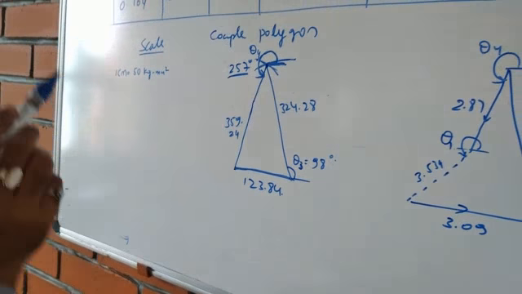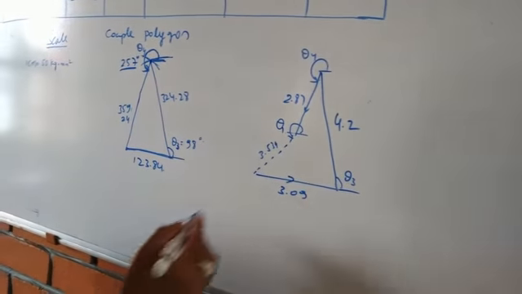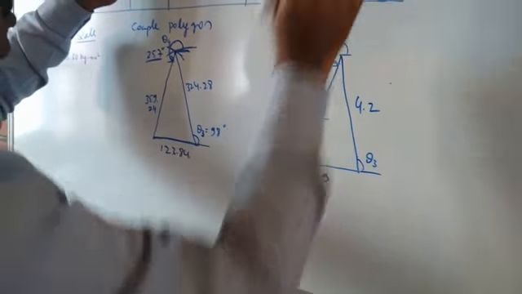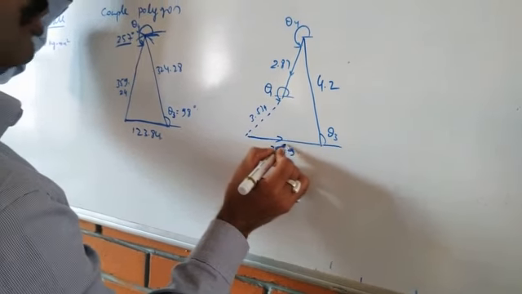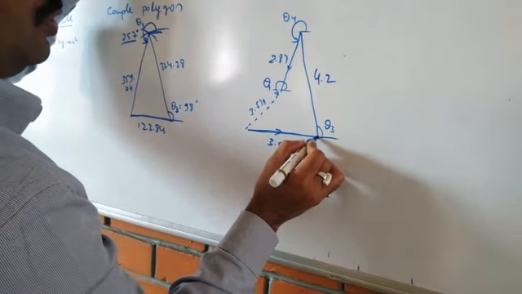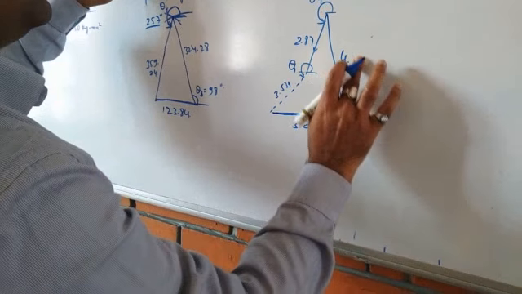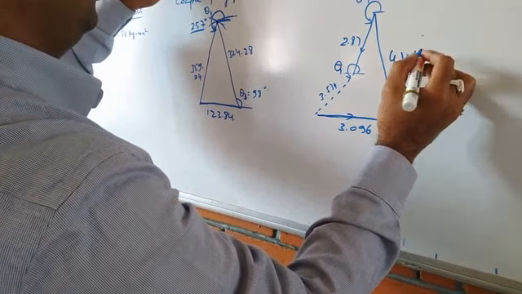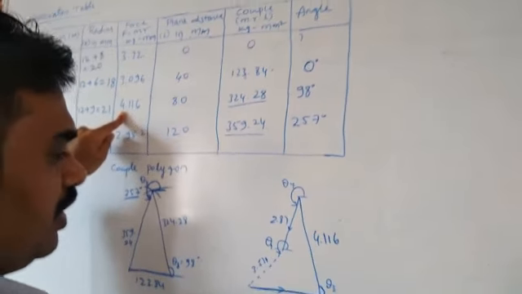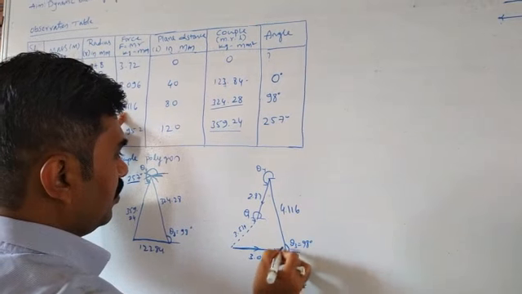To find it we have to draw the force polygon, based on this force column. The second mass is considered as 0 degree, so I will draw the length 3.096 at angle 0. Next I have 4.116 at 98 degree, so I draw this line at 98 degree.